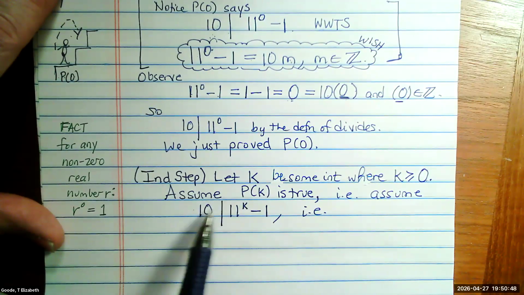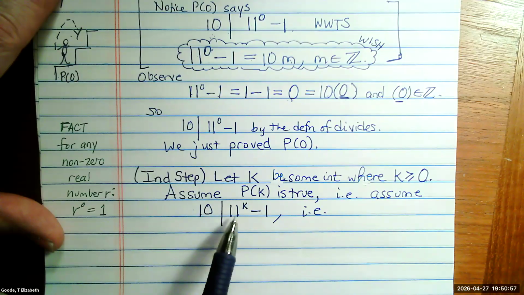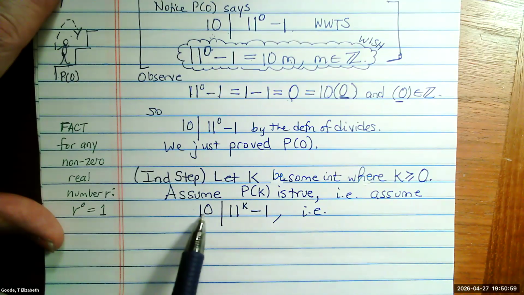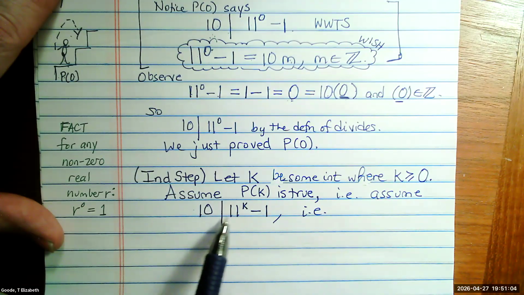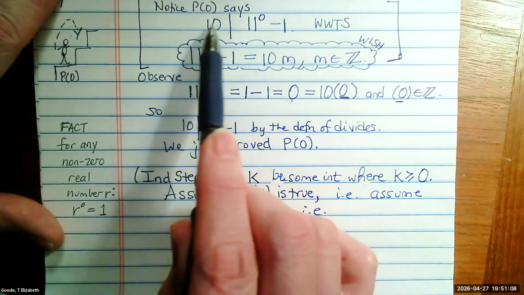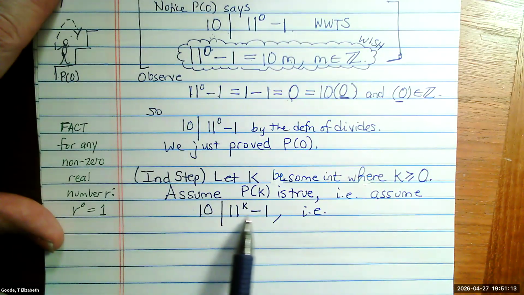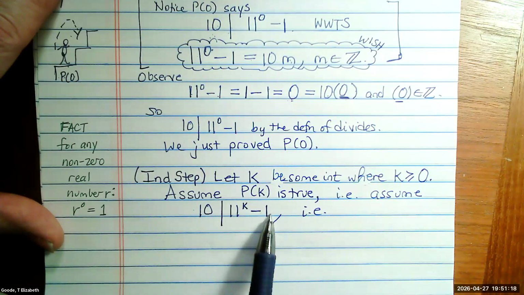But now we want to do the same game and translate this statement about divides into the corresponding equation, which is the definition of 10 divides 11 to the K minus 1. So what equation will we get that states 10 divides 11 to the K minus 1? In the same spirit that we changed the P of 0 statement into an equation, we want to do that for this statement.